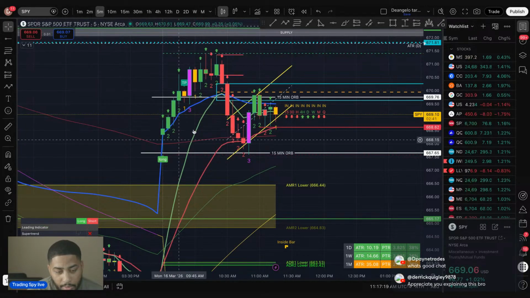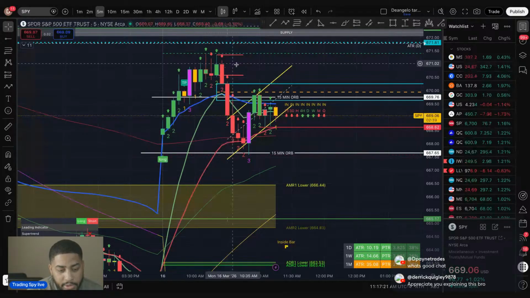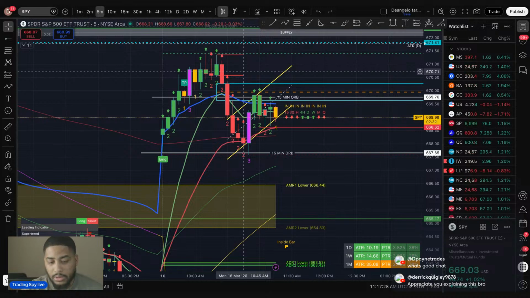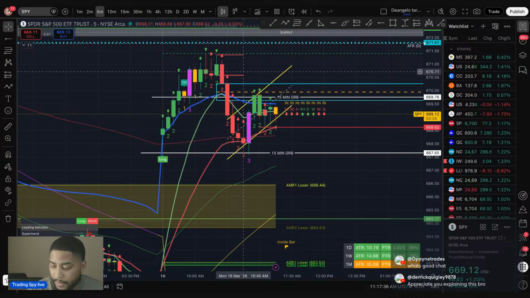Turn on my order block indicator. Yeah, we got a bearish order block earlier. Dang, I had it turned off. I should have had that on earlier. I would have known to get in puts way earlier. I had my order block turned off. Dang.